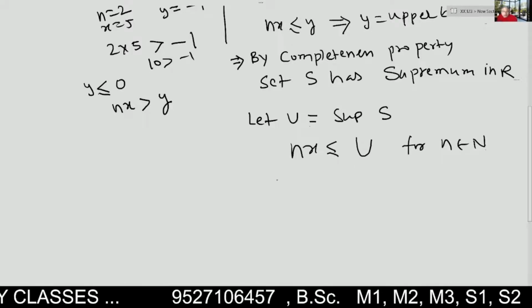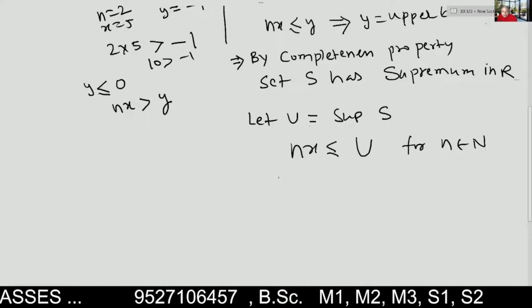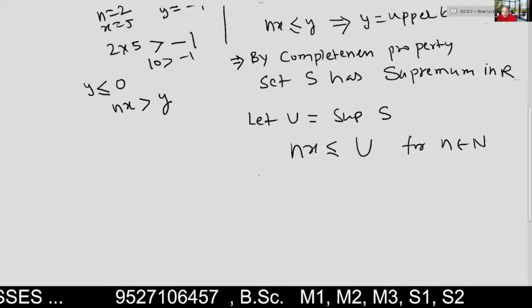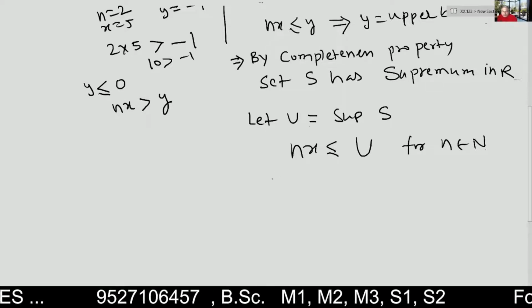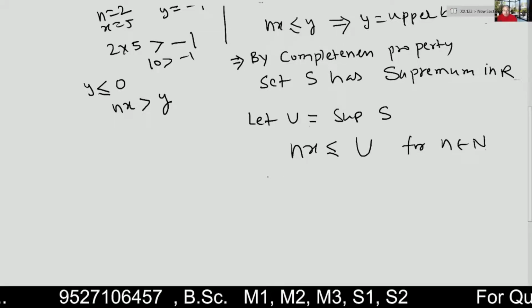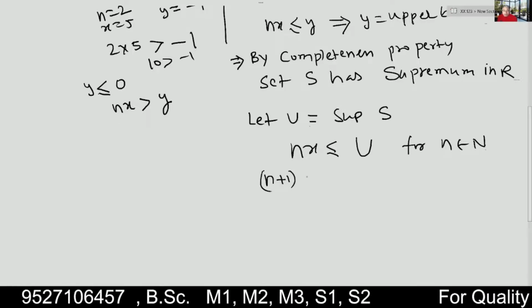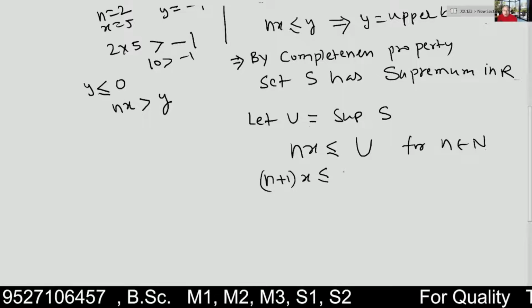If it is true for n, it must be true for n plus 1, the next higher number. By mathematical induction, (n+1)x is smaller than or equal to u.